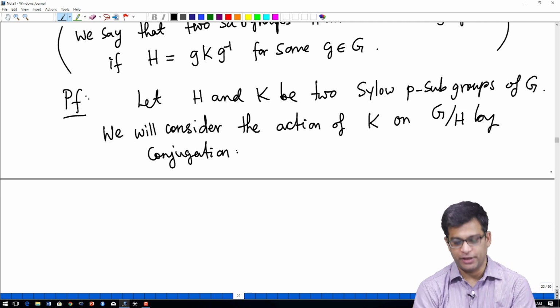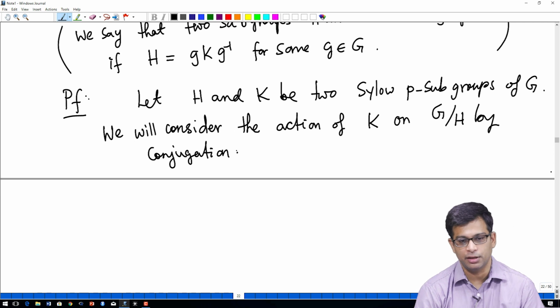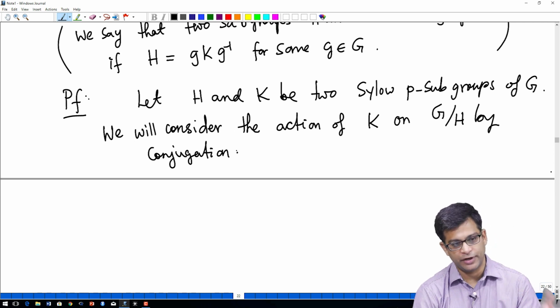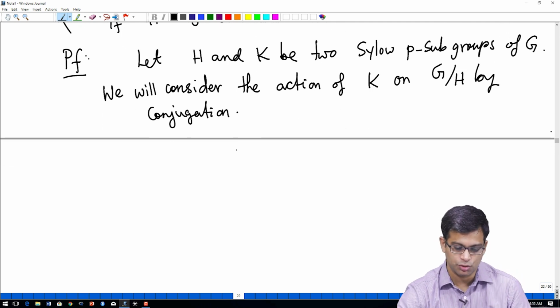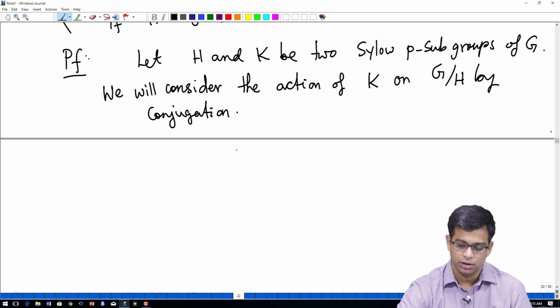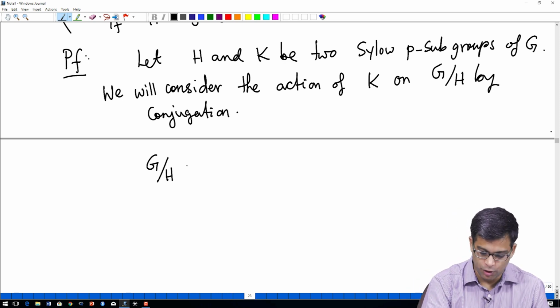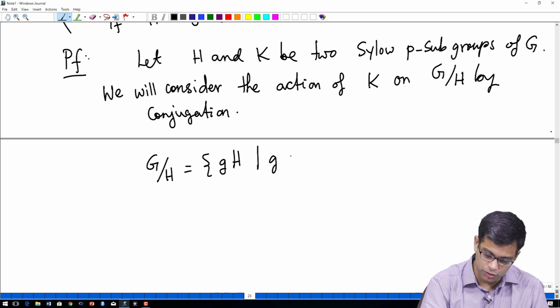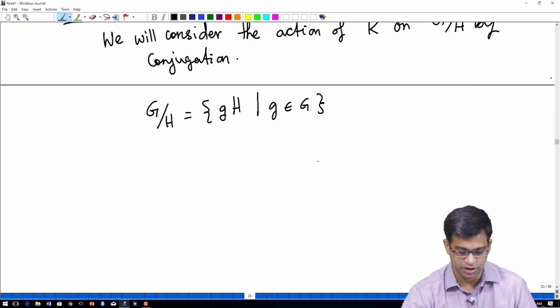As I have been saying repeatedly, all Sylow theorems and their proofs are essentially done by playing with various group actions, different groups, different sets, different actions. So, here my focus will be on the action of K on G mod H by conjugation. What is G mod H, by the way? These are all cosets of H, left cosets by our convention. So, these are G H where G is in G.